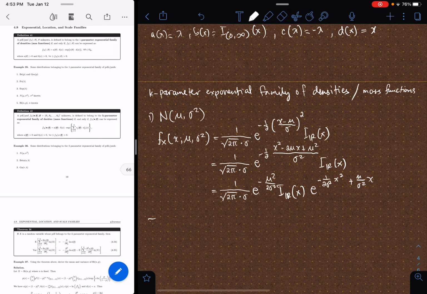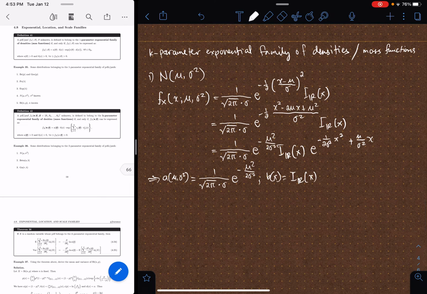So, in this case, ano yung a of theta? Ano yung a of mu sigma squared natin? Ito yon. Tapos, yung b of x natin will be yung indicator function I sub r of x. Tapos, dito, tingnan natin ito.